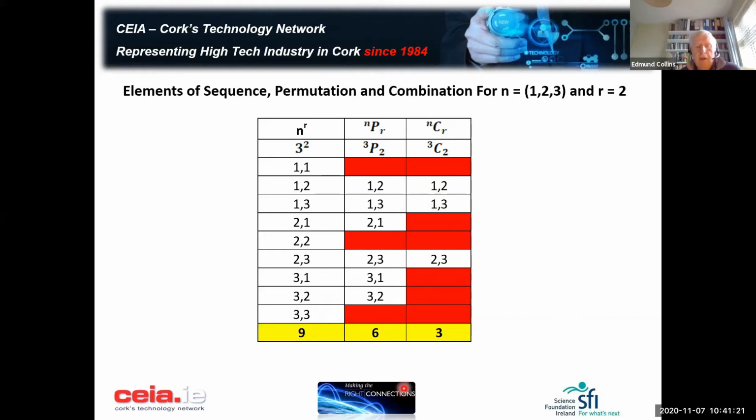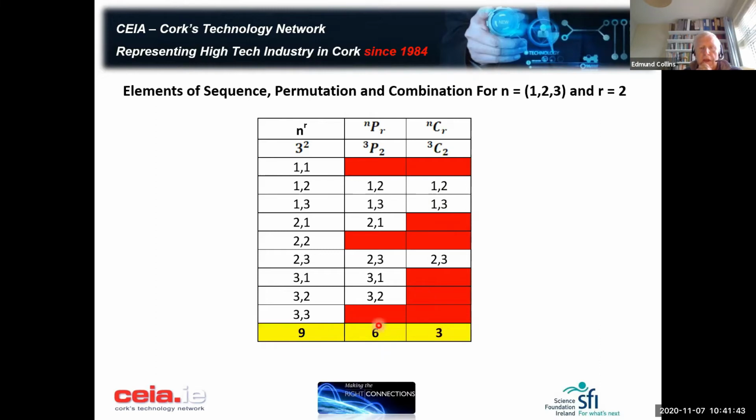So you can see the trend appearing here. There are more elements in a sequence than there are in a permutation. And again, there are more in a permutation than in a combination. So that's a trend there.